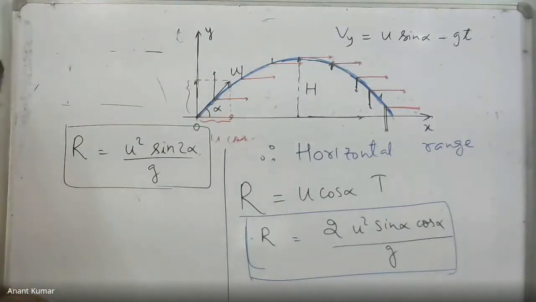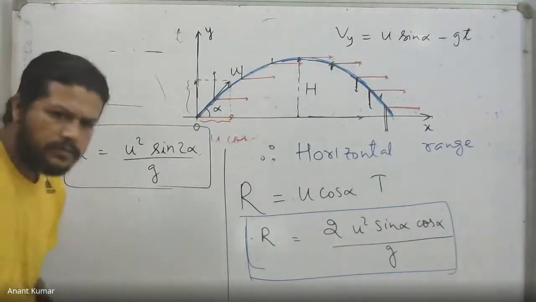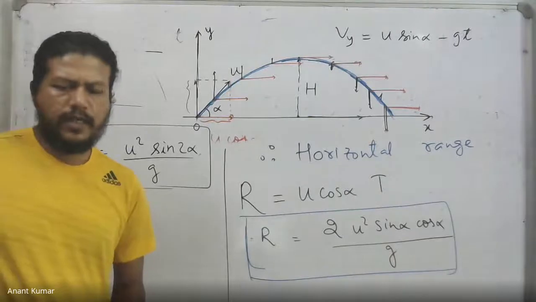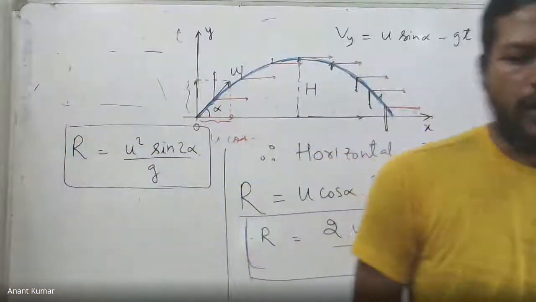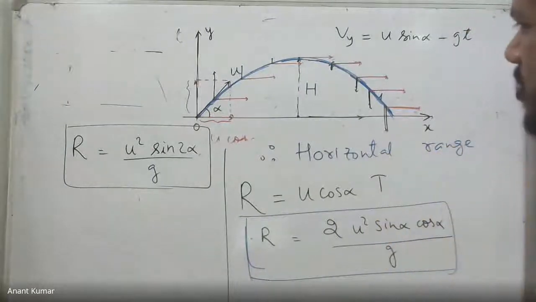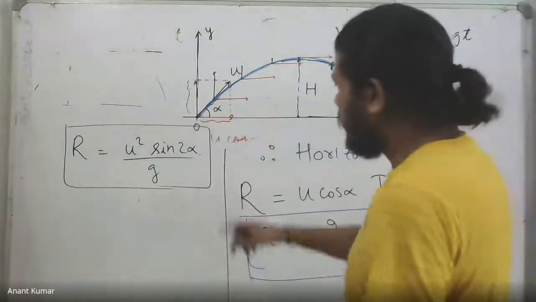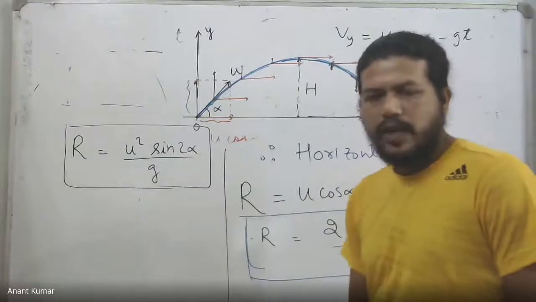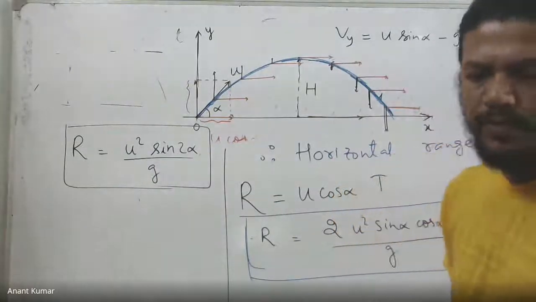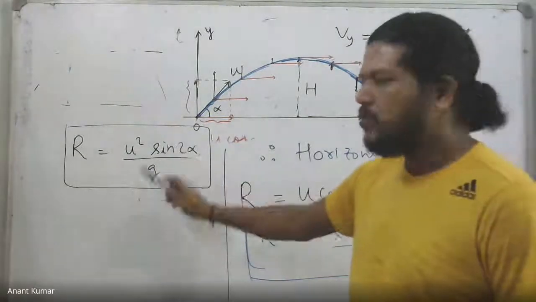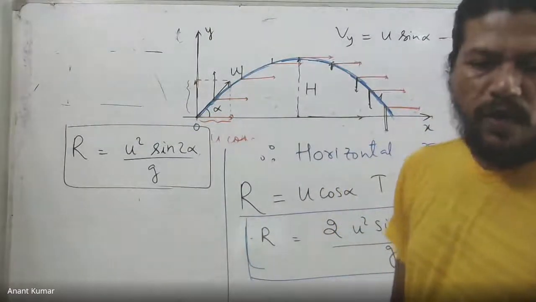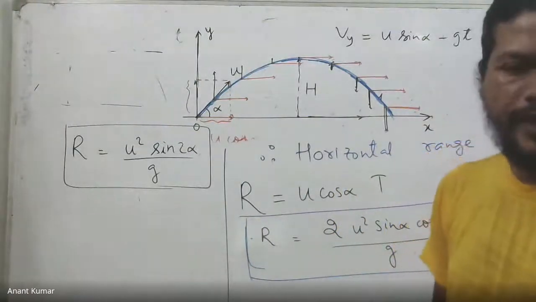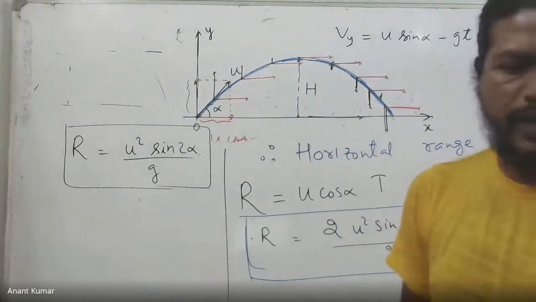From here we can just look at a couple of things. For instance, because sine of an angle cannot be more than 1, therefore the maximum possible range that we can expect on a horizontal plane, when I can change the angle of projection at the same speed u, turns out to be u square by g, because then sine 2 alpha will become 1 for 2 alpha equal to 90 degrees and alpha equal to 45 degrees.